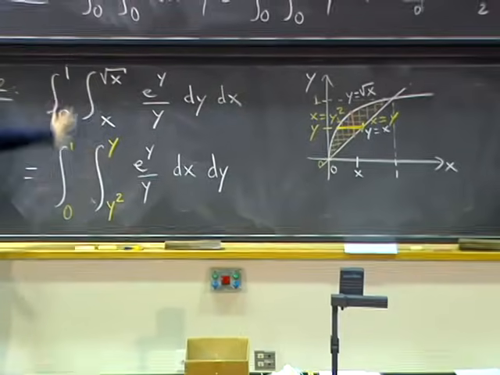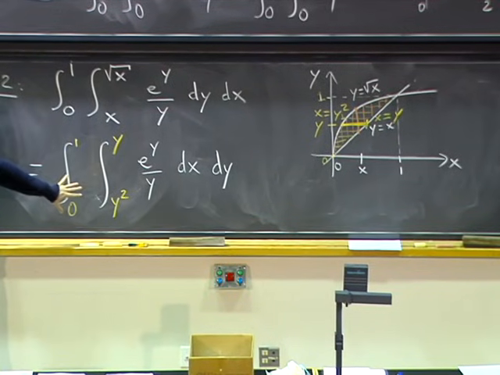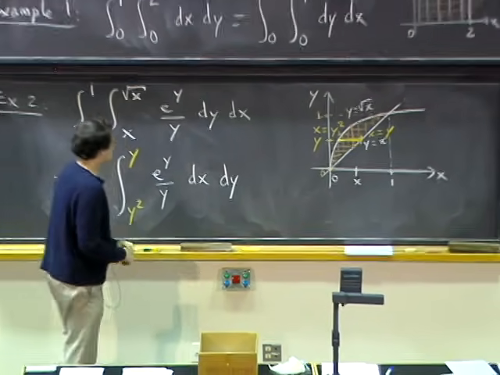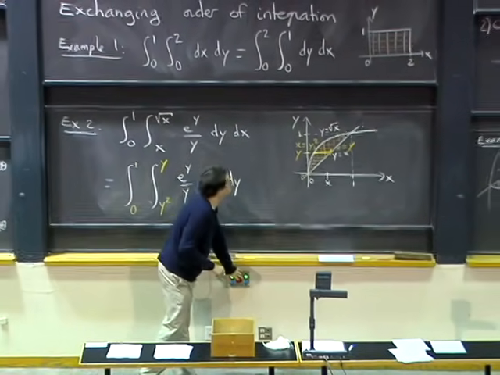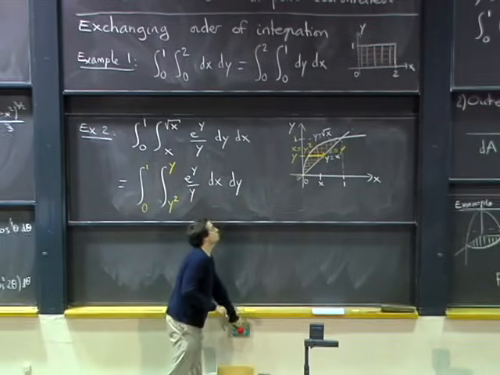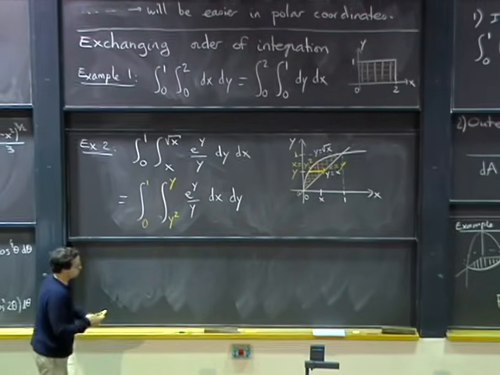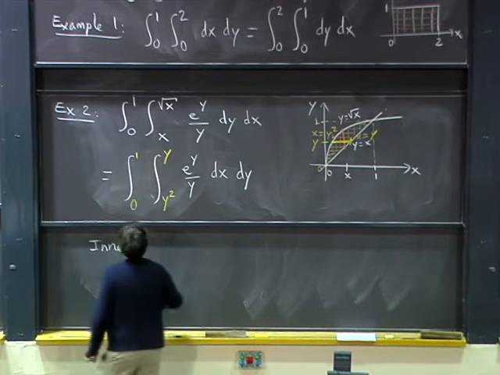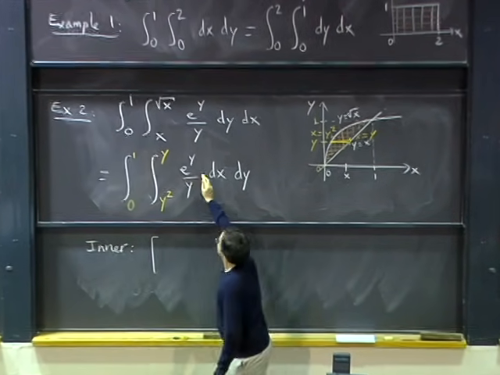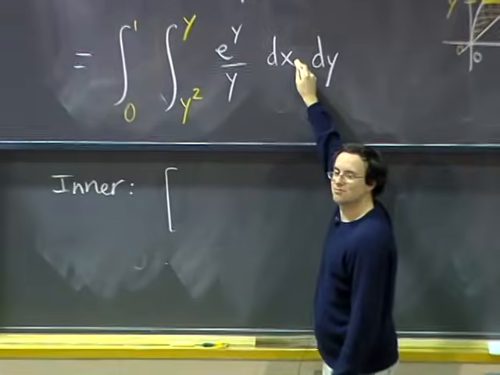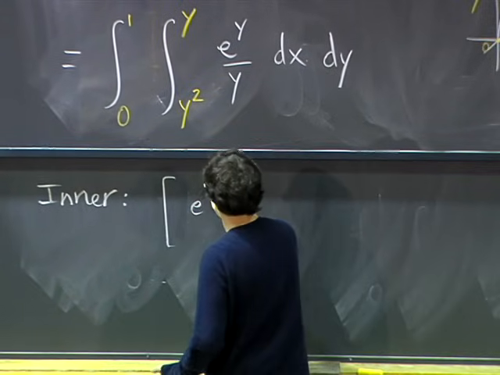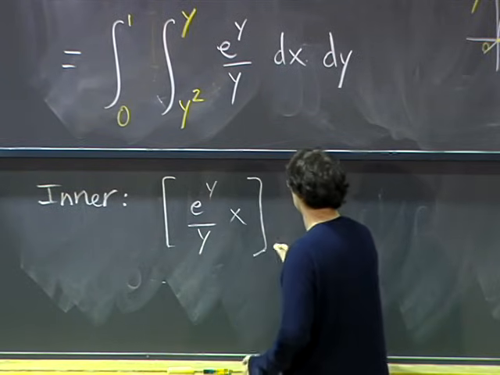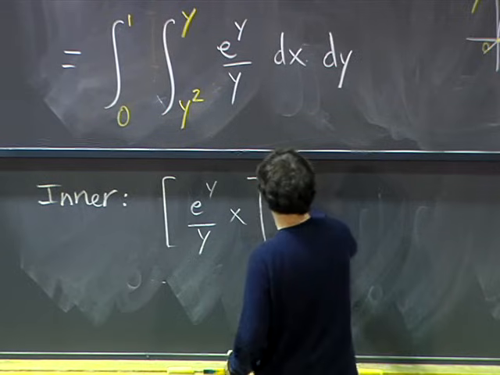So you see, switching the bounds is not completely obvious. That took a little bit of work. But now that we've done that, it's going to be much easier to integrate. The inner integral: what's the integral of e to the y over y with respect to x? It's just that times x, from x equals y squared to y.